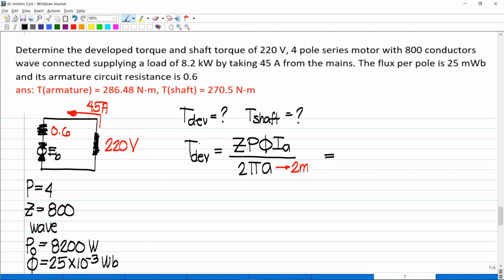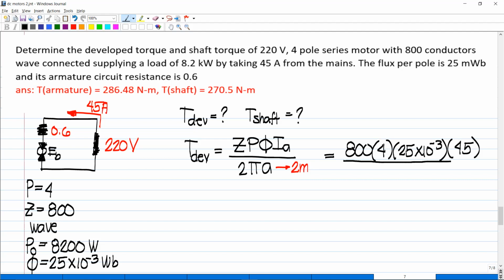Meron ba tayo lahat? I think yes, we have the value of Z, the value of P, the value of the flux, and the IA. So direct substitution only. 800, the number of poles is 4, the flux is 25 times 10 raised to negative 3. The armature current, yung nasa circuit natin, 45 amperes. Kasi series naman yon.